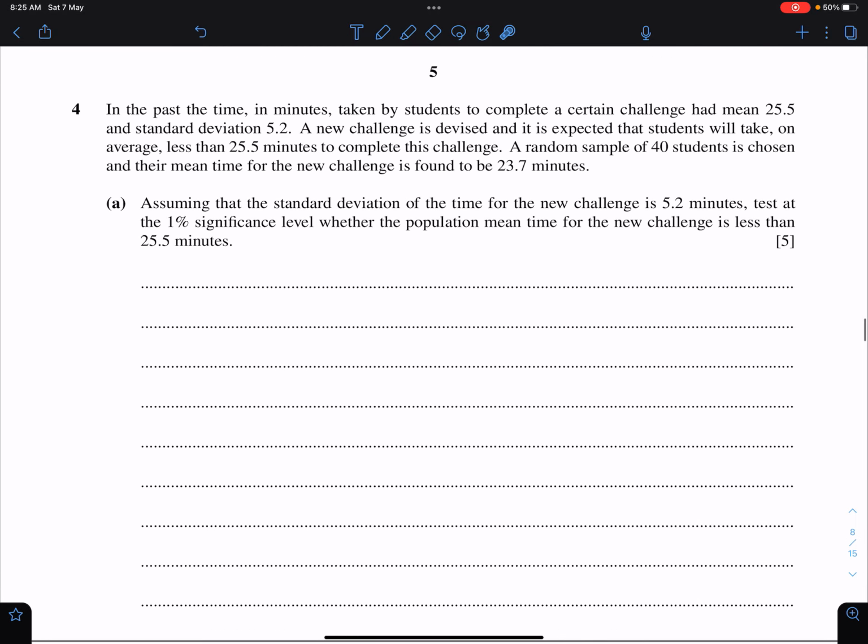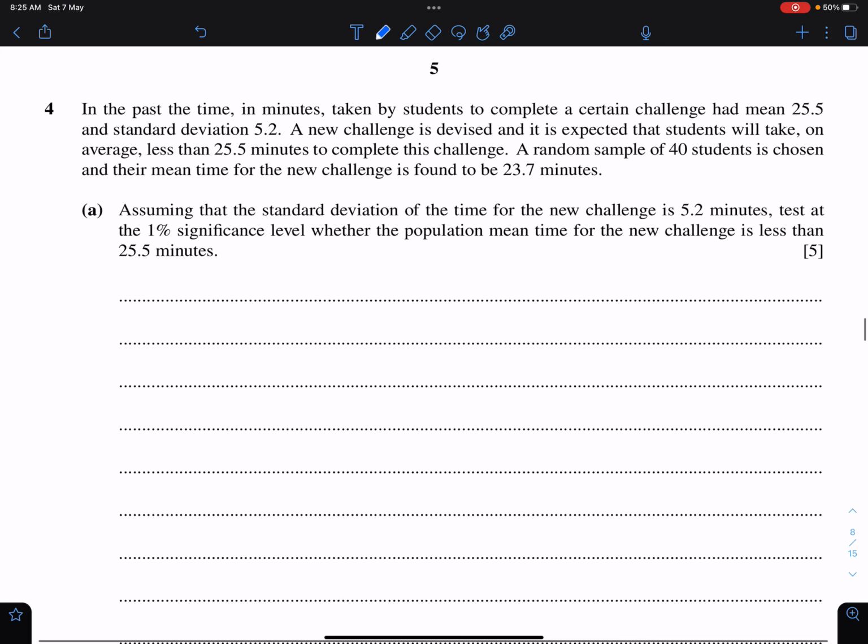Next question, number 4. In the past, the time in minutes taken by students to complete a certain challenge had mean 25.5 and standard deviation 5.2.